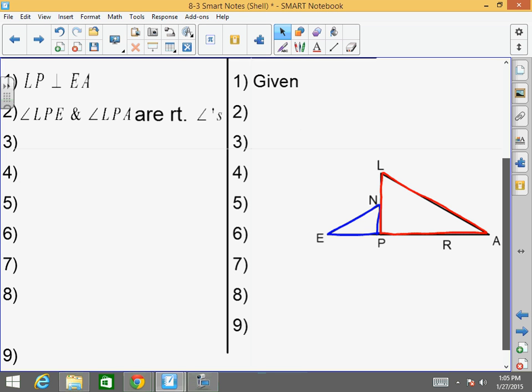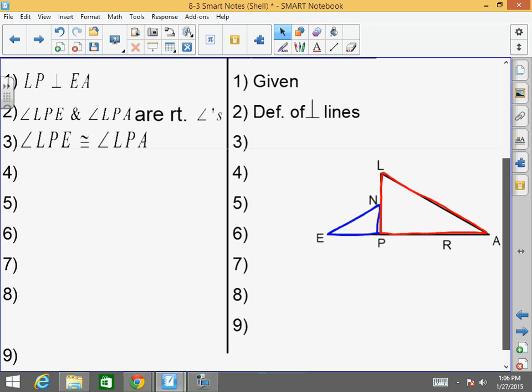I couldn't have said it better than that, man. Phenomenal. I've got LPE and LPA are right angles. That's exactly 100% accurate. Well done. Then what? Very good, my brother. That's the definition of perpendicular lines.